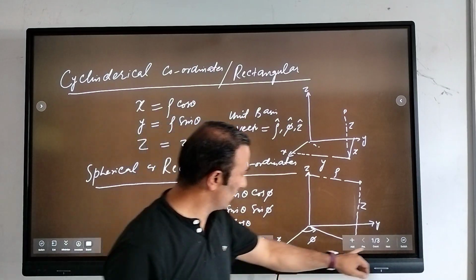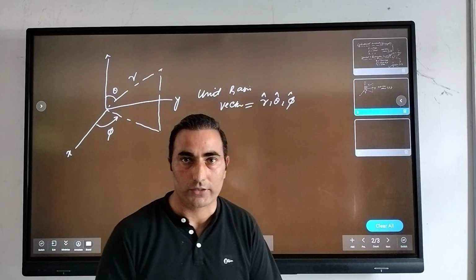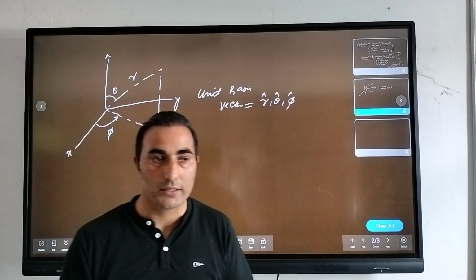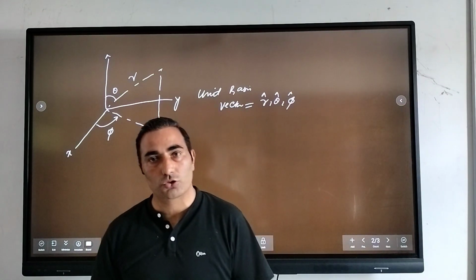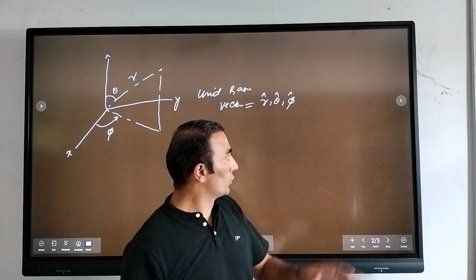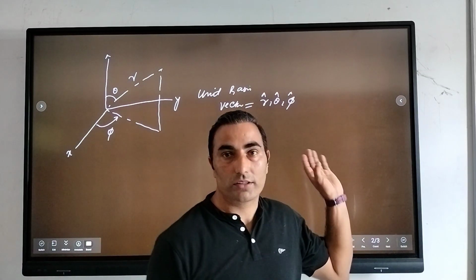And so these are the unit base vectors for cylindrical and spherical polar coordinates, right? And these are the relations how you can relate these Cartesian, these rectangular coordinates with cylindrical coordinates or spherical polar coordinates, right? So as I already showed from the diagram, how you can plot the cylindrical coordinates.